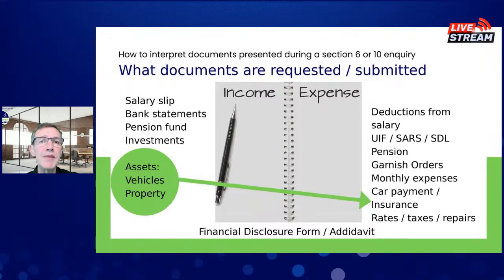Usually, in the first instance, in the Section 6 inquiry, that is the informal inquiry done in the maintenance officer's office, the father or you would be requested to submit certain documents. Practice has shown us that it could be a lengthy process to get the respondent to provide all the details, and the case will be remanded forever, up until a stage that all the documents are presented to the maintenance officer to make an informed decision.